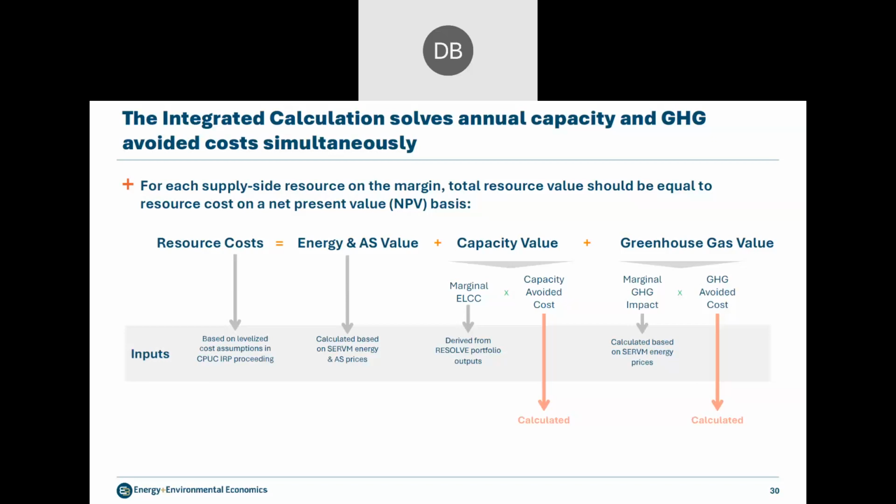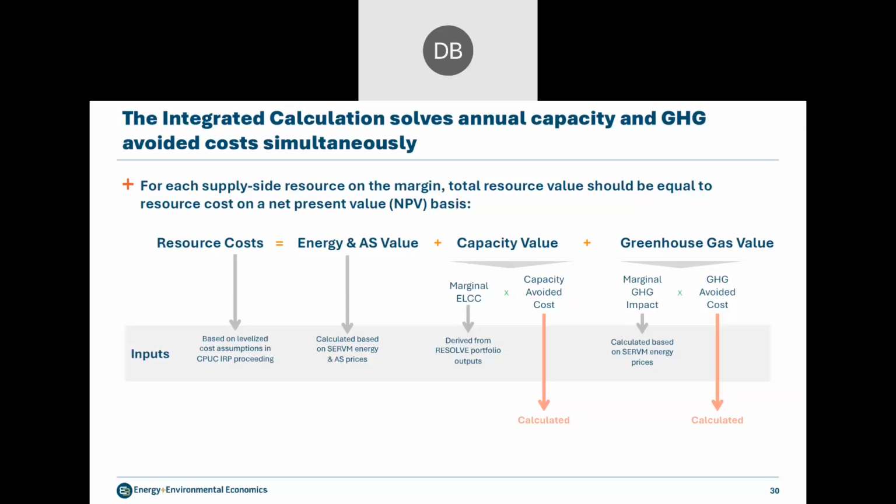And the GHG value is equal to the marginal GHG contribution of each resource multiplied by the GHG avoided cost. We derive the GHG marginal impact using the SERVM prices, or SERVM energy prices or SERVM implied heat rates. We basically multiply the implied heat rate by the carbon content of gas plants to derive the system marginal emission rates.